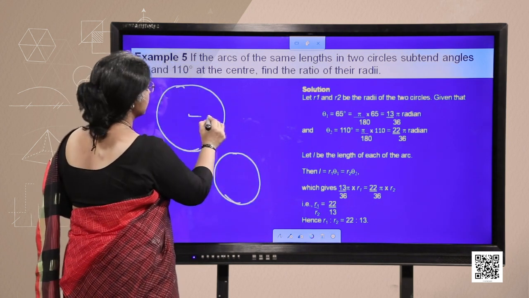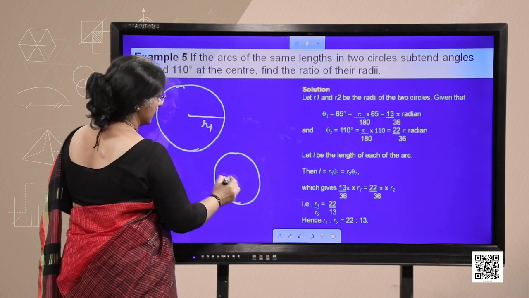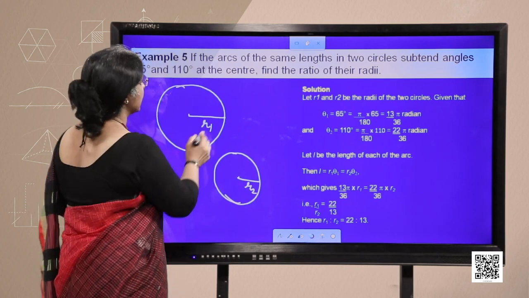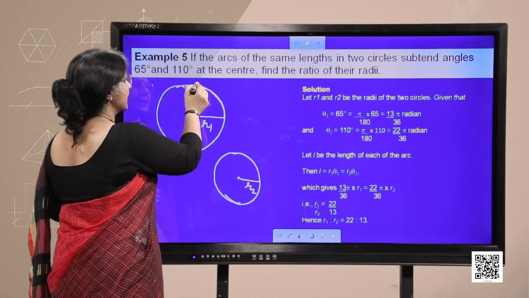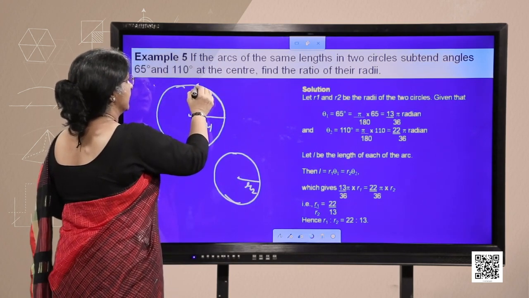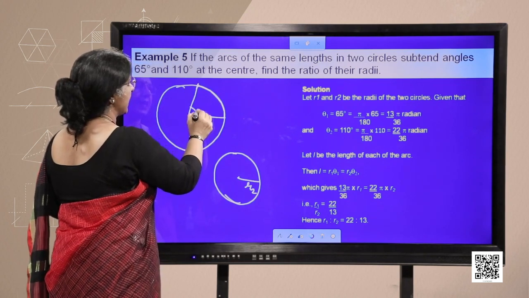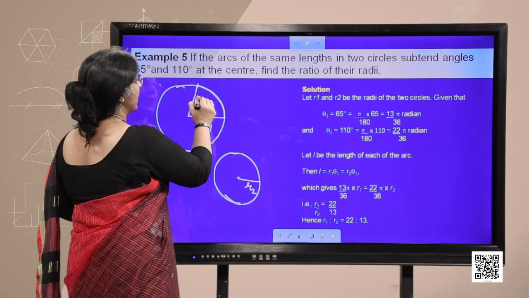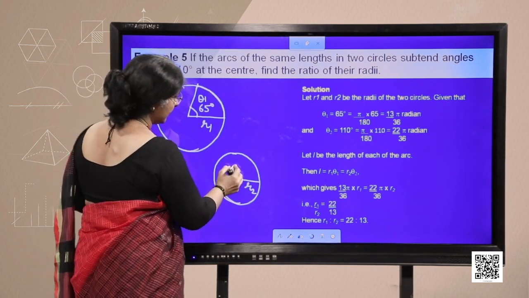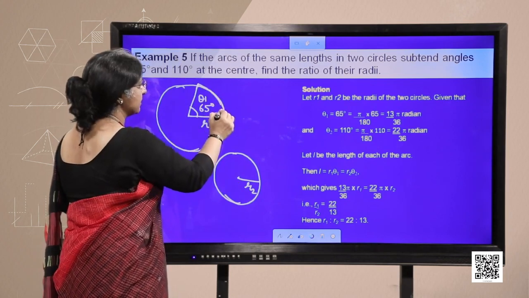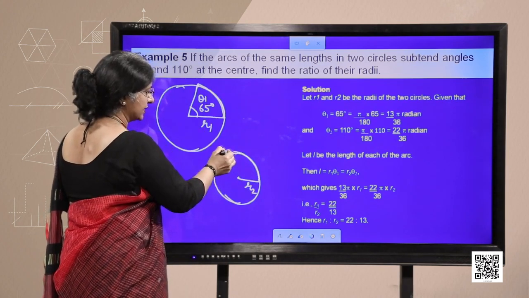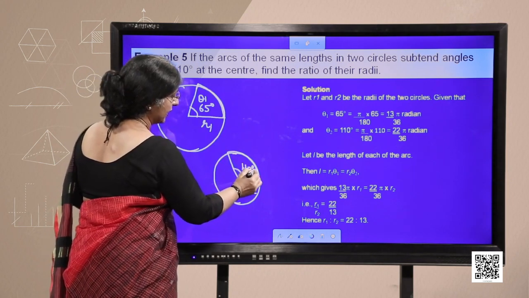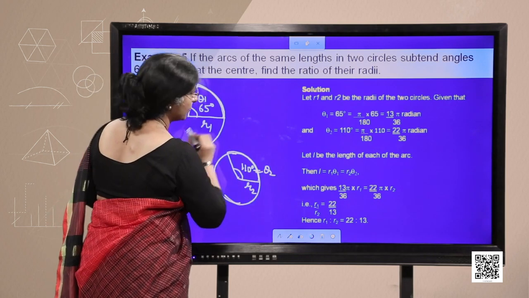We consider this circle with radius 1, this circle with radius 2, arc lengths are the same, let this be the arc length. This subtends an angle of 65 degrees, let this angle be theta 1, and since the arc length is the same, the other makes an angle of 110 degrees, take it as theta 2.